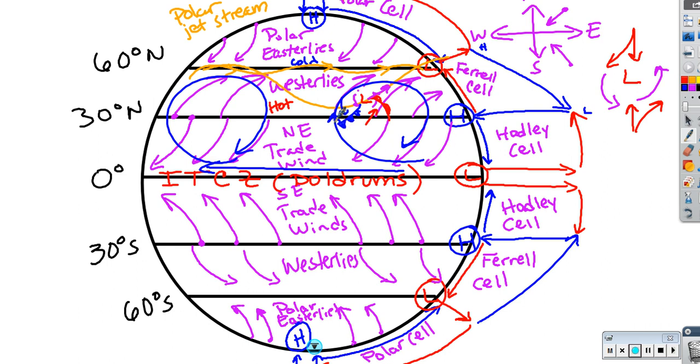That's the warm water that comes right up along our coastline, but it's part of a larger system, the North Atlantic gyre that is rotating clockwise. And we have the North Pacific gyre, which is also clockwise. It's counterclockwise in the southern hemisphere.